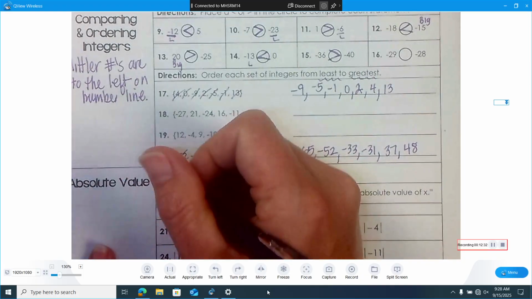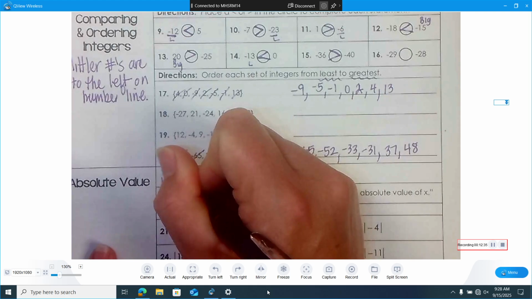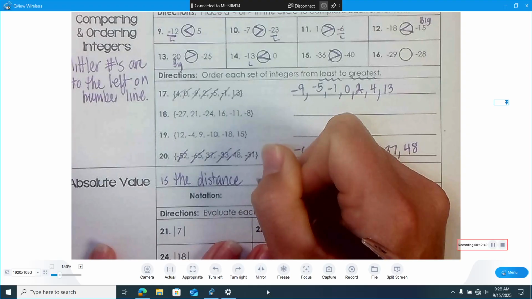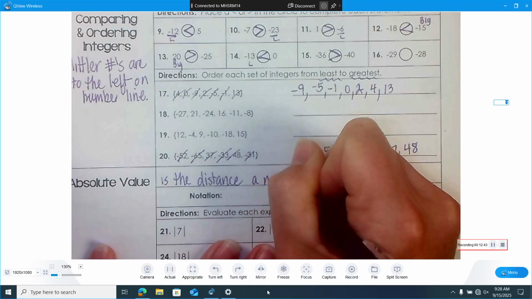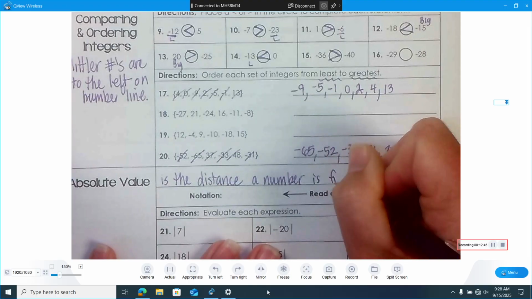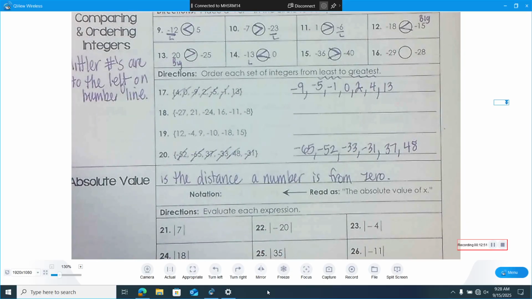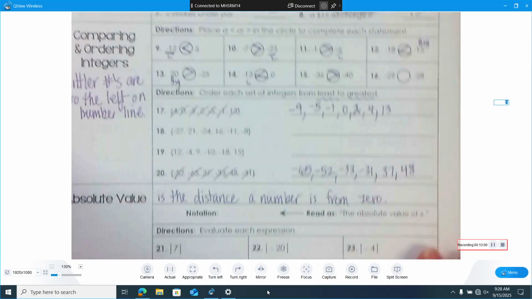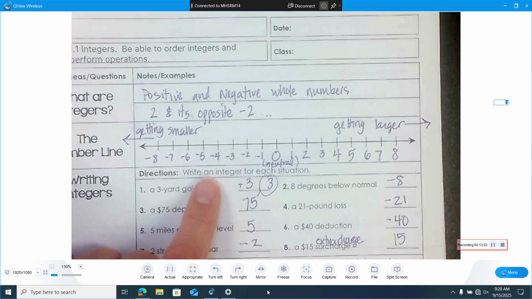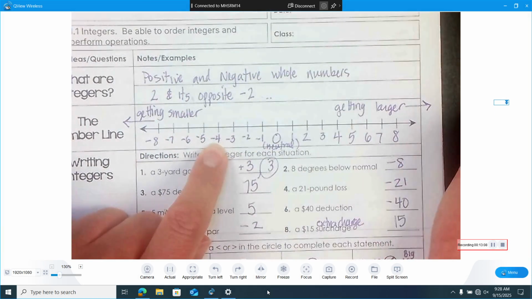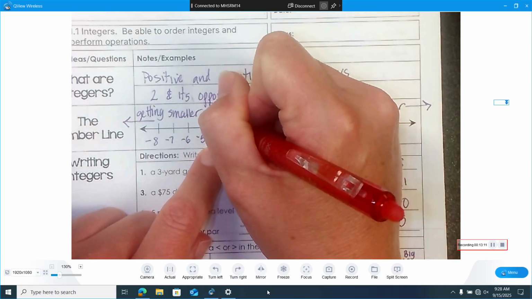So technically, absolute value is the distance a number is from 0 on the number line. Absolute value represents a distance. If we were to look back at our number line, I might say, what's the absolute value of negative 4?